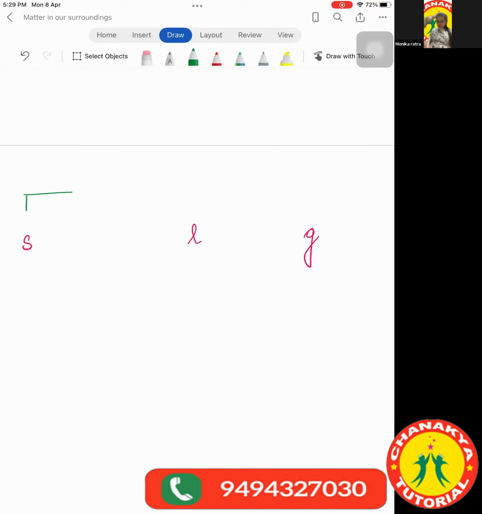Conversion of solid to liquid is known as melting or fusion. I'll give you the definition of all these terms also. Then the conversion of liquid to gas is known by three names, but they have different meanings.